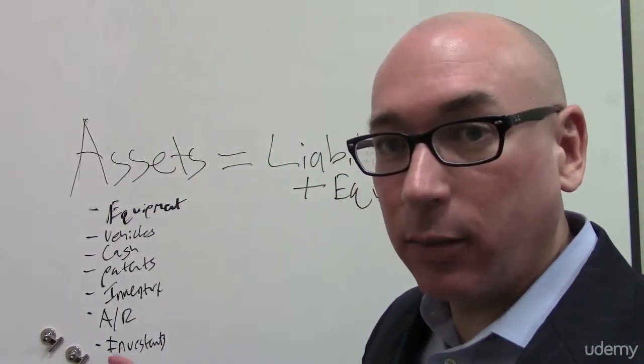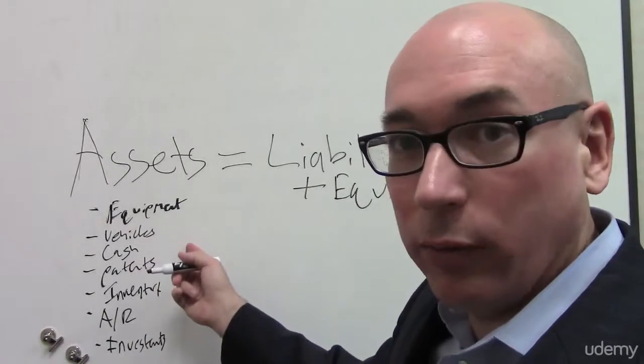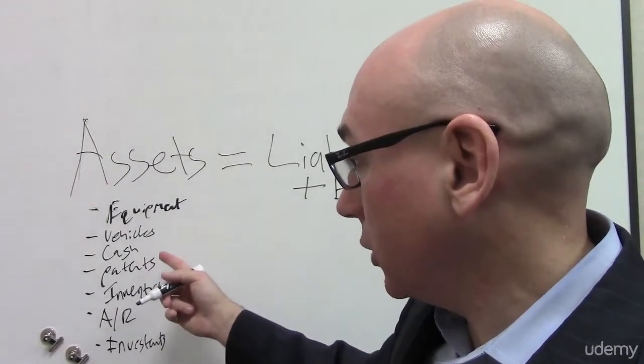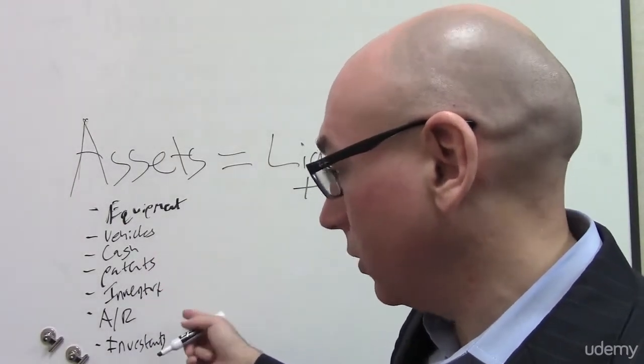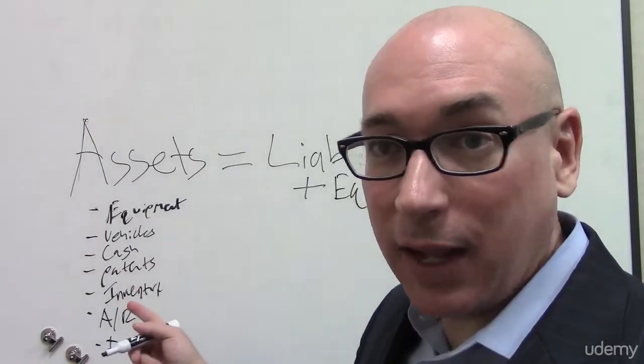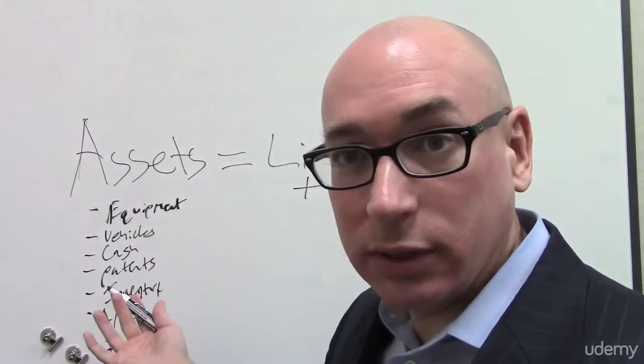Okay, so that's the basics. We have equipment, cash, patents, inventory, AR, and investment items. That's assets. So who owns the stuff?